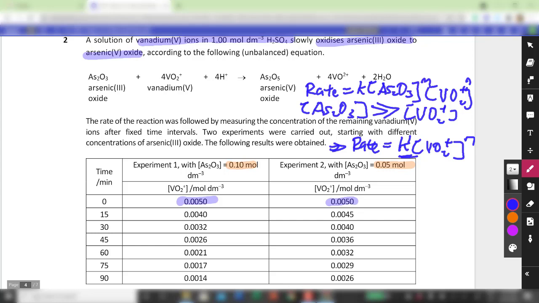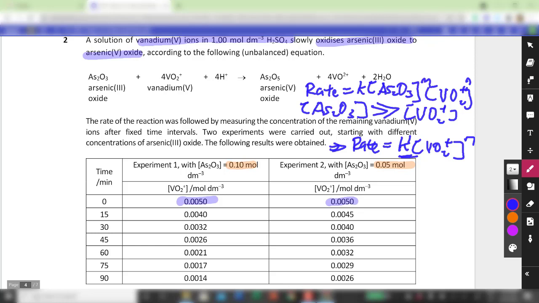Yeah, so that means that for this experiment itself, it is impossible for you to determine the order of reaction with respect to As2O3 from one experiment. The reason is because the change in its concentration will be too negligible as the reaction proceeds. And that is also the reason why we do it this way.